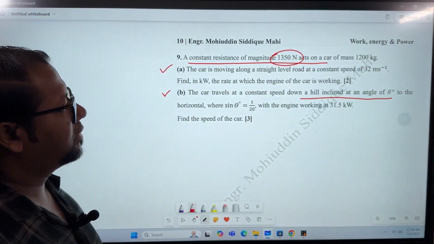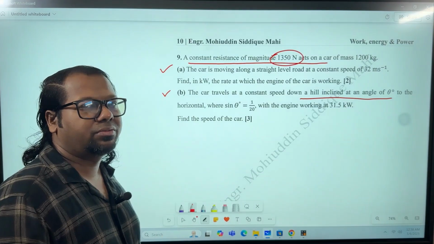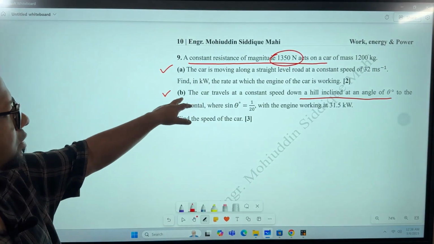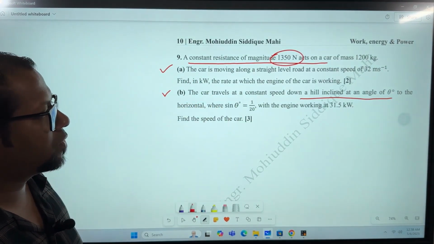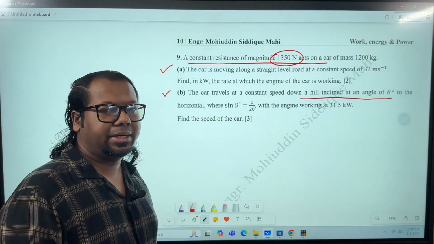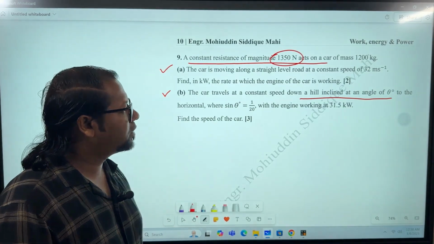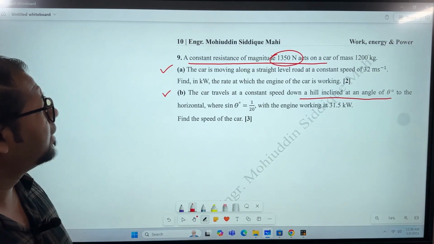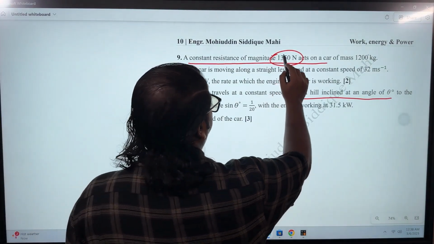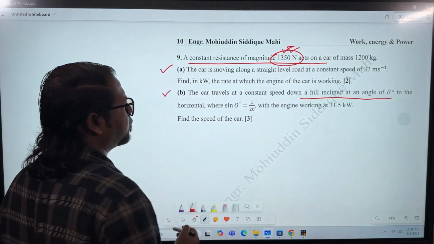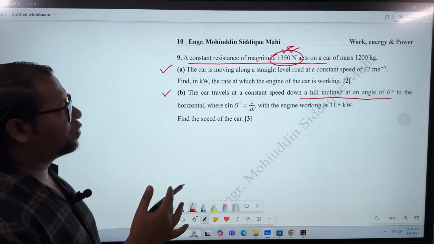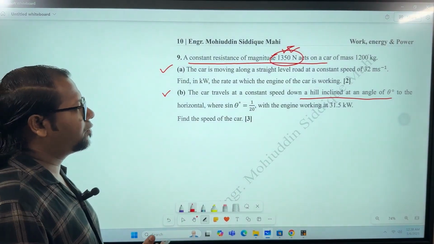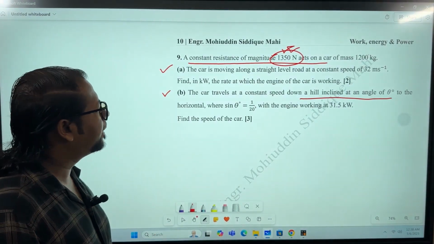In B, the resistive force will also be 1350, but in two different conditions, because in B the car was not moving along a horizontal line, rather it was moving down a hill inclined at some angle. But as this information is given in the initial stem of the question, in both cases you need to consider the resistive force as 1350 Newton.